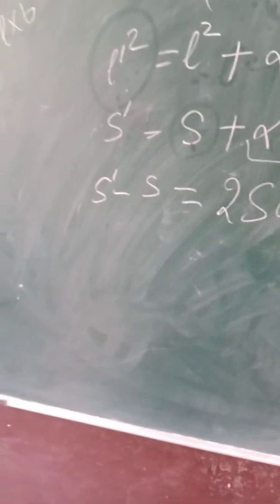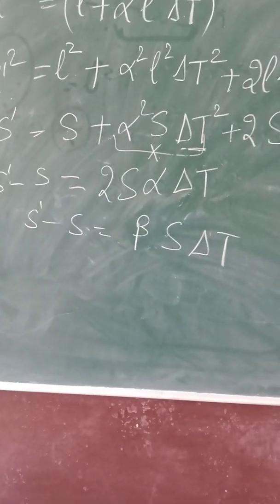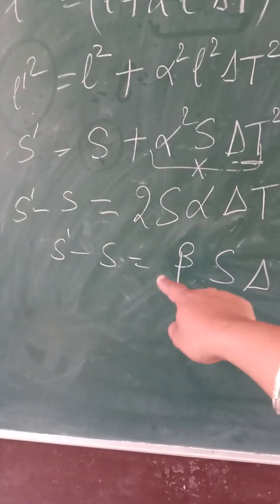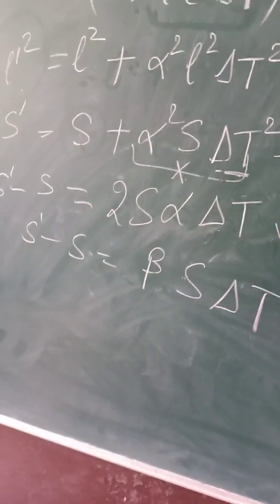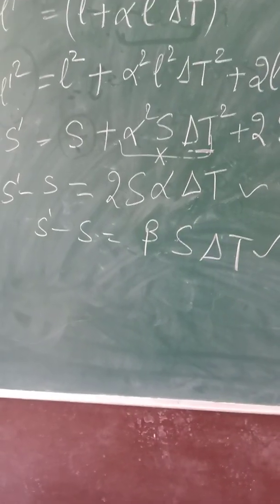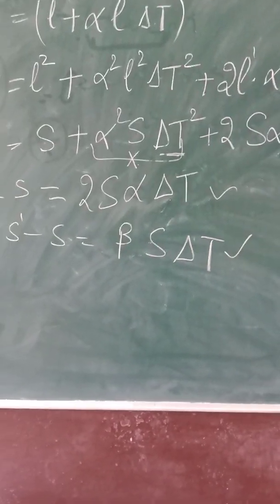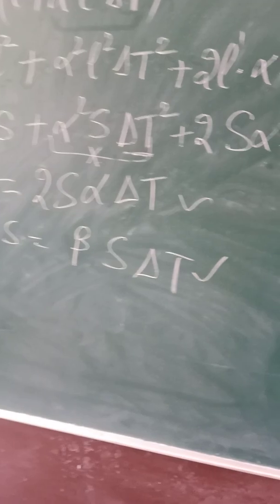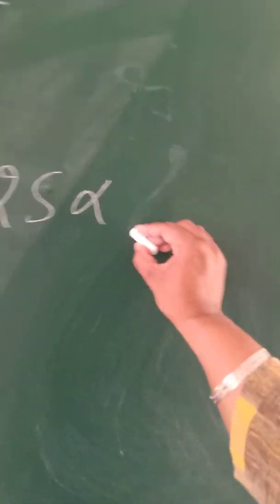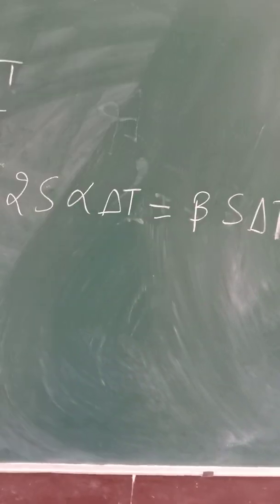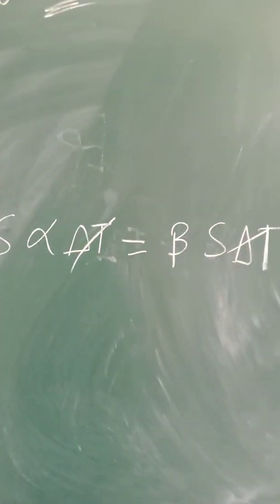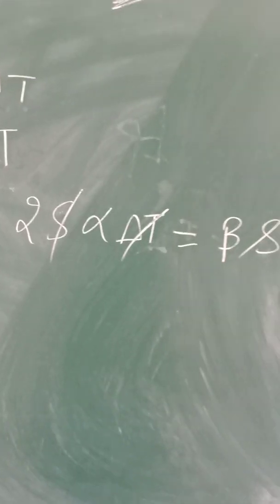And from the definition we have S dash minus S equals beta S delta T. Clear? Compare both equations. The left hand side of both equations is equal, so we can equate the right hand sides. We get 2S alpha delta T equals beta S delta T. Delta T cancels, S and S cancel.